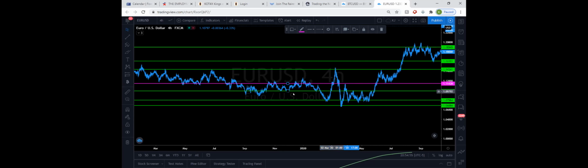So these lines, when we talk about support and resistance, Mr. Levels calls them levels because sometimes they might be a support and sometimes they might be a resistance. A line just always functions as a level of information, of a level of where the market has really strong activity.